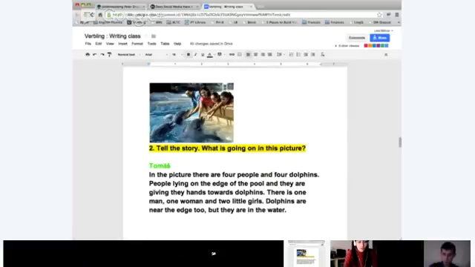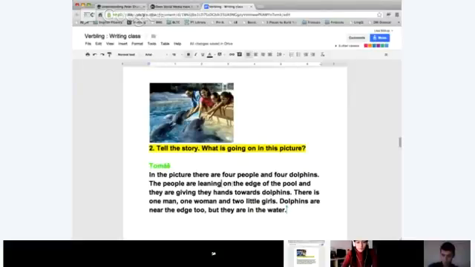Okay. In the picture, there are 4 people and 4 dolphins. Good. People lying. I would say they're not lying. Lying is more like when you're lying on a bed. I would say the people are leaning. That's when you stand up, but you lean over to touch the edge. They're leaning over the edge or on the edge.